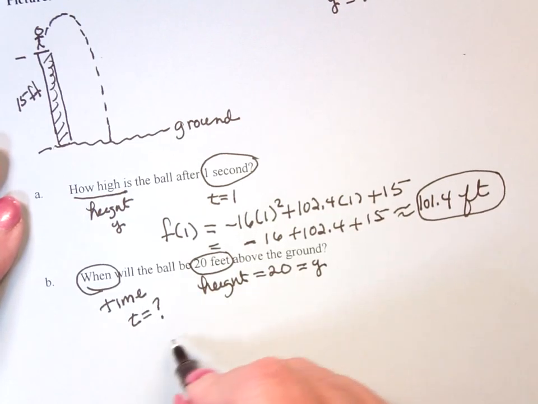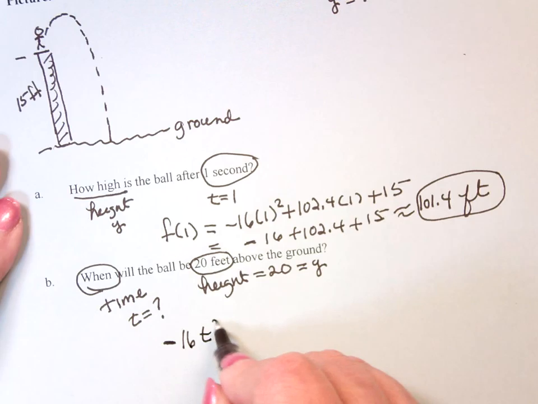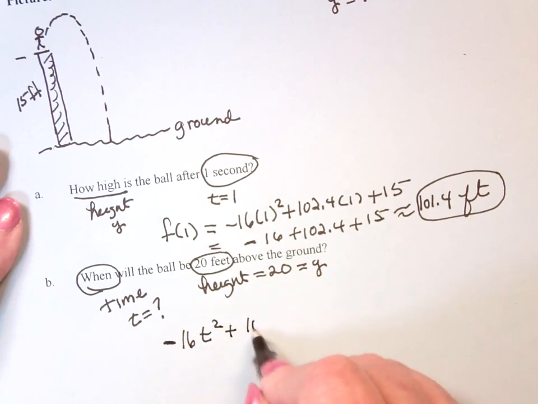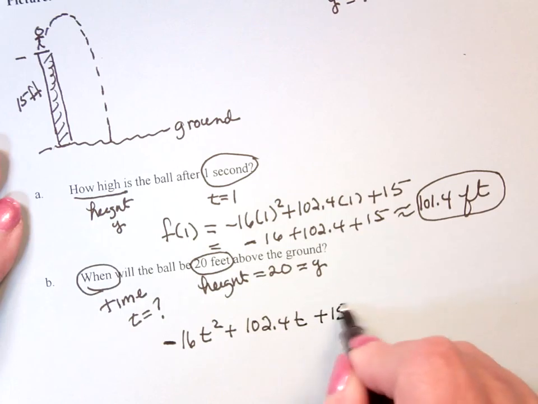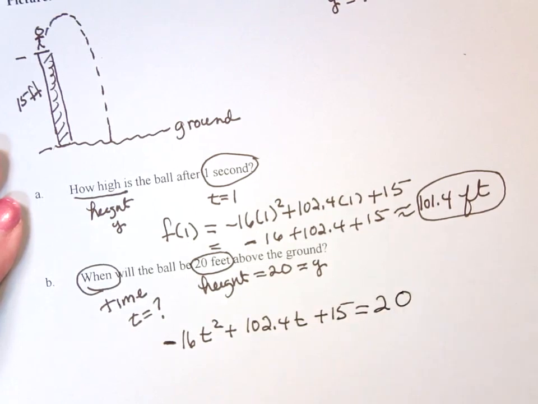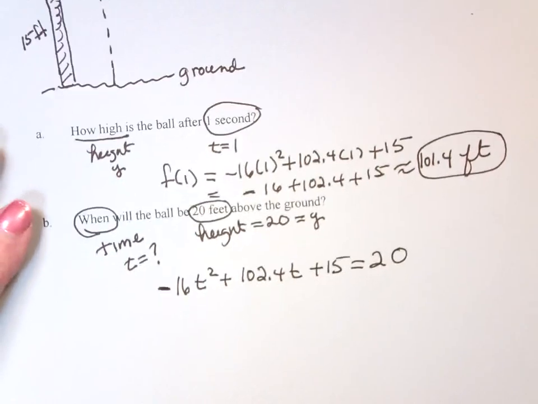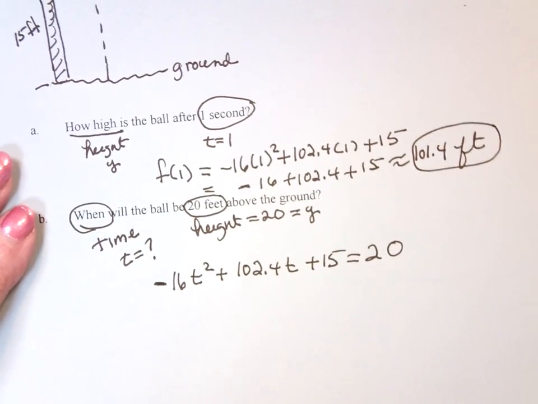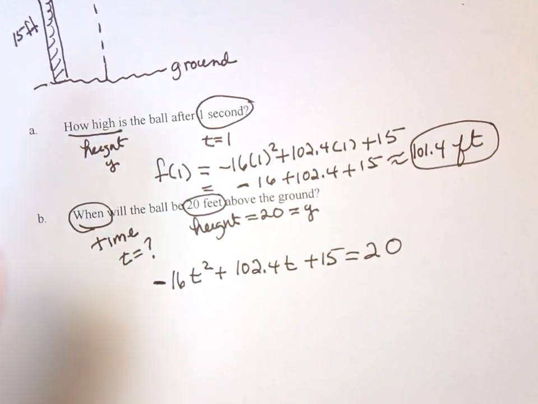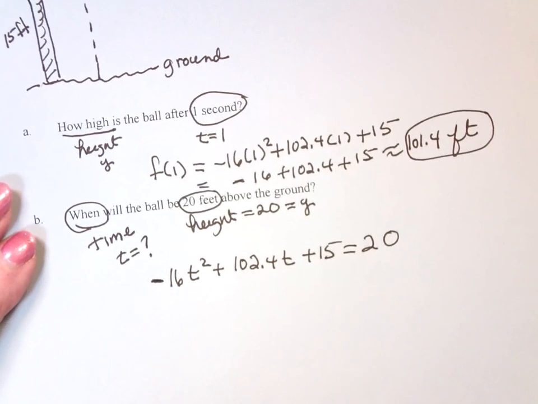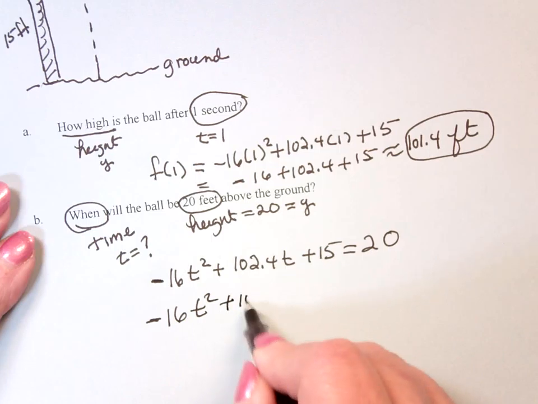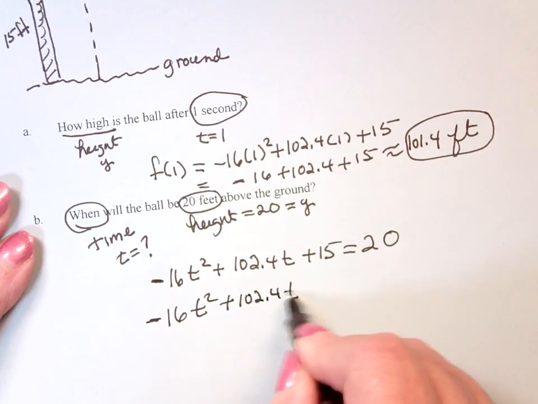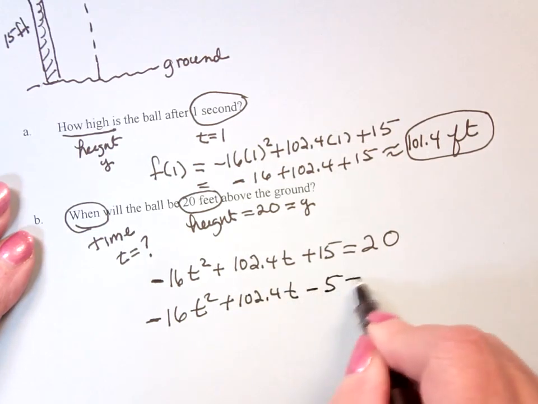So I'm going to take negative 16t squared plus 102.4t plus 15 and set that equal to 20. Now this is a quadratic, so you want everything on the same side, 0 on the other. So negative 16t squared plus 102.4t minus 5 equals 0.